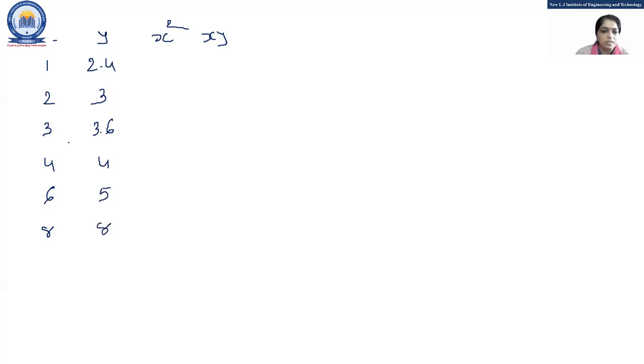Now what about x square? X square is 1, 4, 9, 16, 36 and 64. And what about xy? That is 2.4, 6, 10.8, 16, 30 and 48.